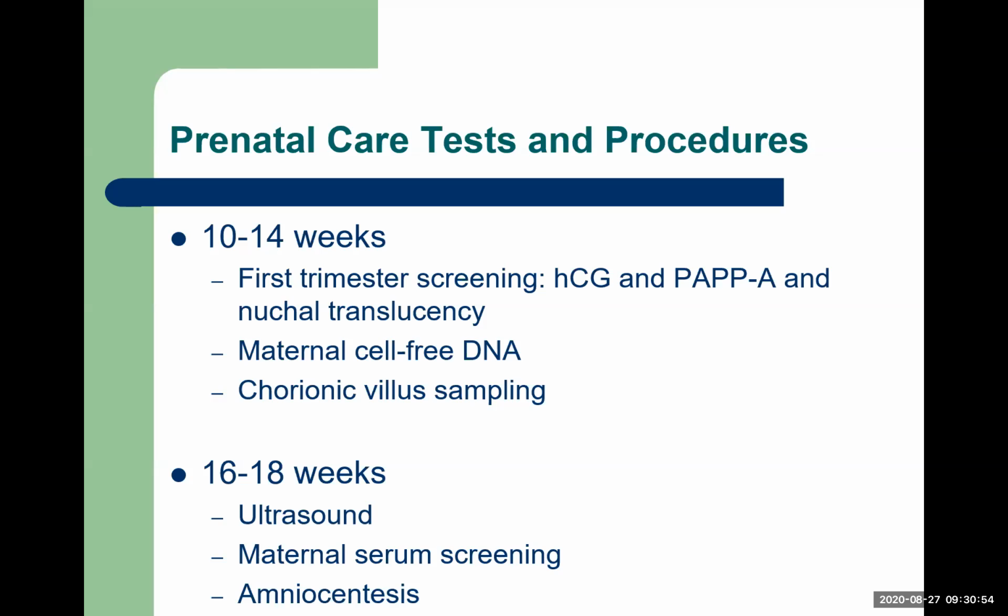As well, those patients that are either of advanced maternal age or have a prior history of a chromosomal anomaly or have a fetal anomaly that needs diagnosis are offered amniocentesis, which again is a diagnostic test, versus ultrasound and maternal serum screening, which are screening tests.